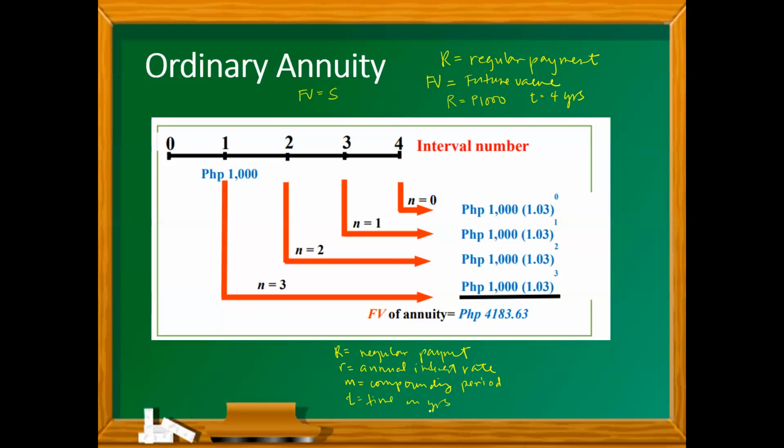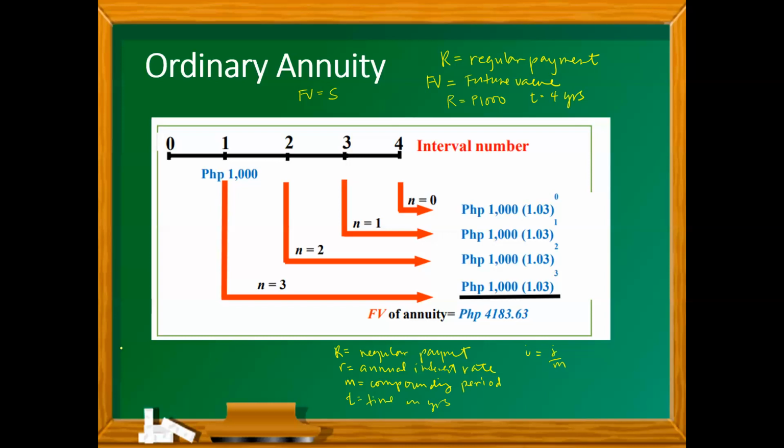So we need to divide r by M, and let's denote this by i equals r over M, since the new interest rate is the interest rate per conversion period.